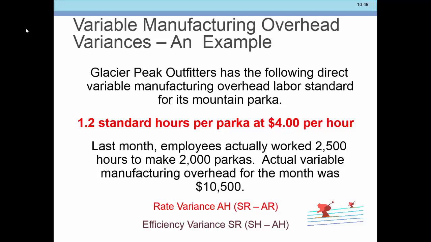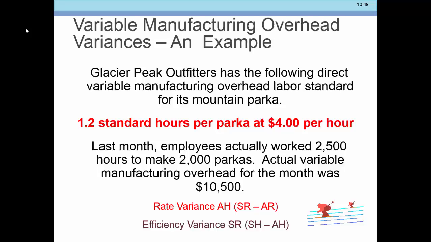2,500 is the hours they worked. How much was their overhead? Their variable overhead was 10,500, right? Yeah. So that gives you, 4 what? 4.20?